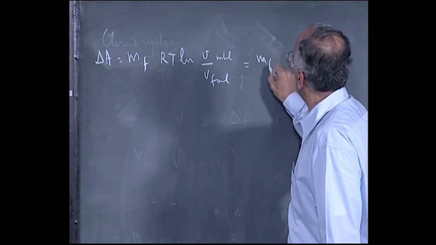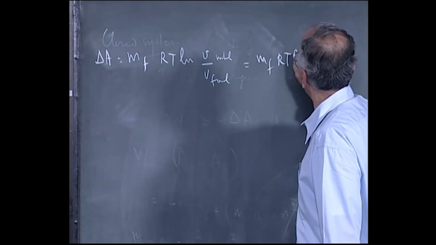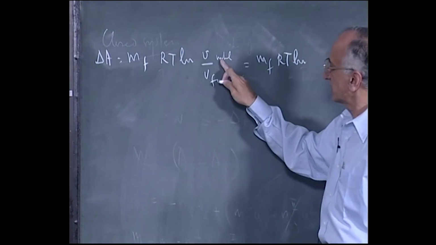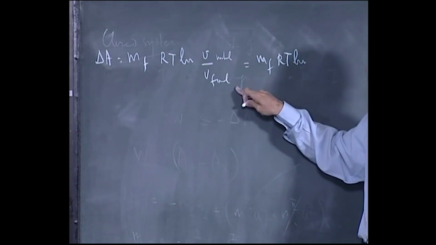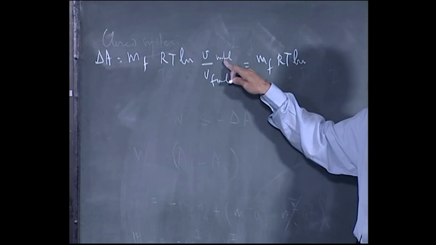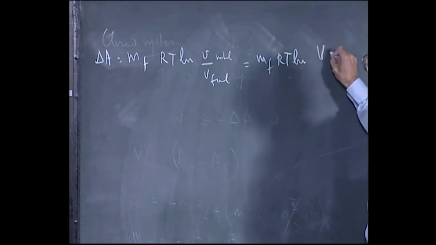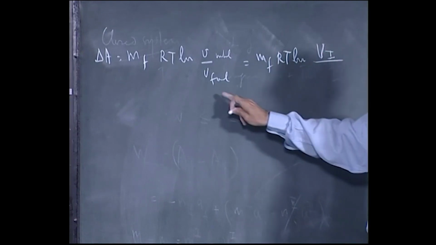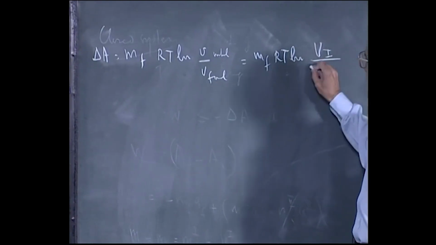This is equal to MF into RT into ln, because the mass is the same I can multiply by the mass. Any V initial into M initial would give me simply V1, and V final into M final will give me V1 plus V2.